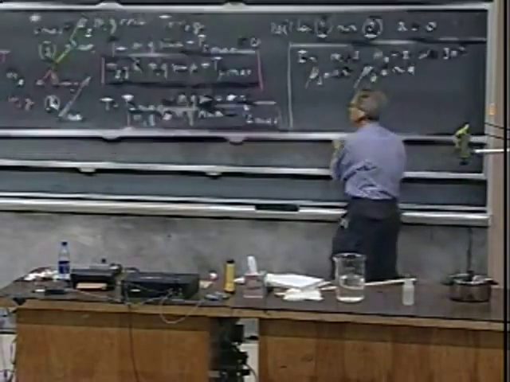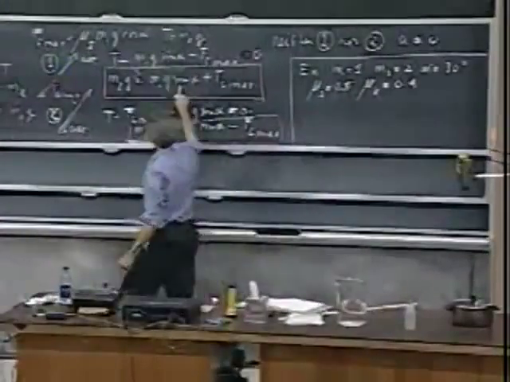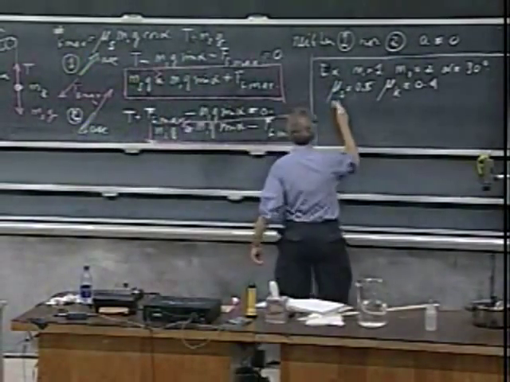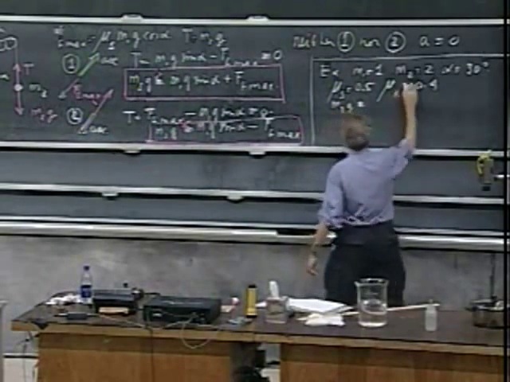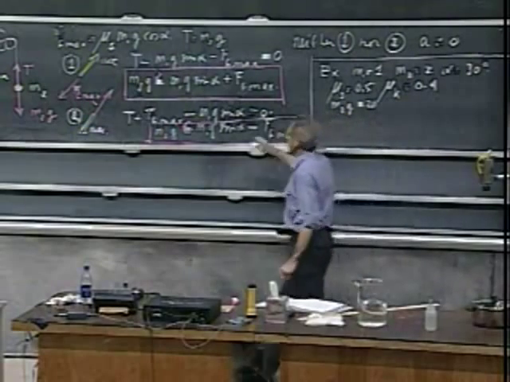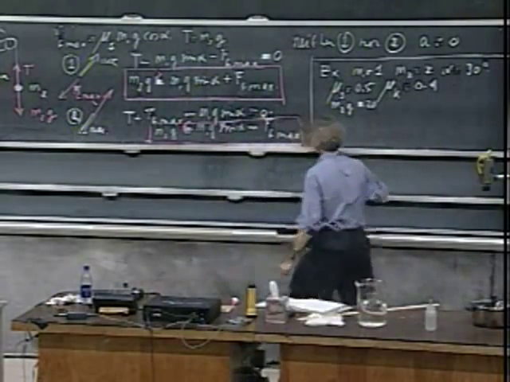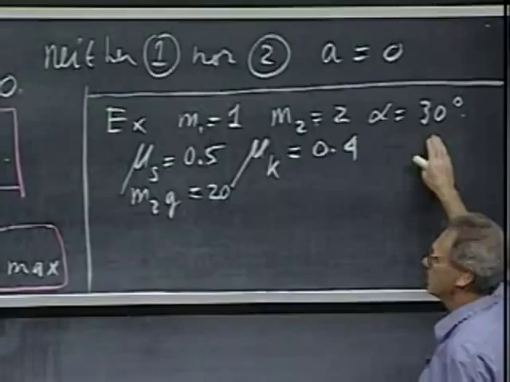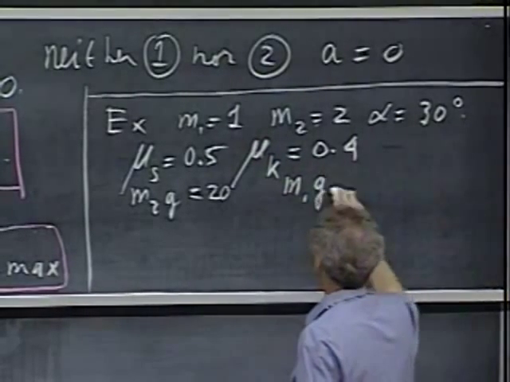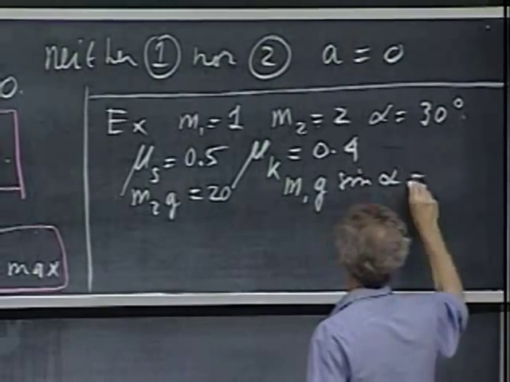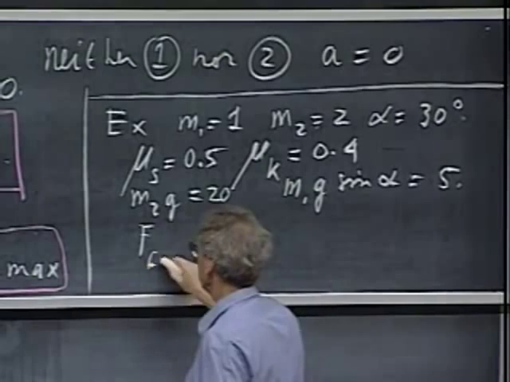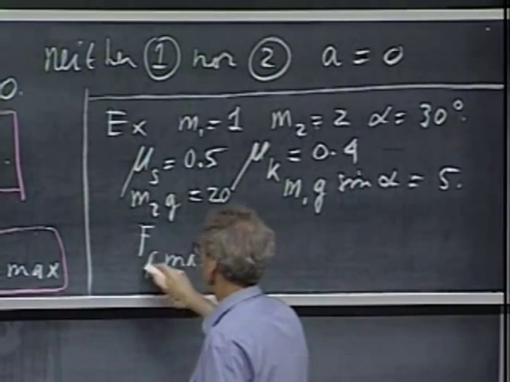What it comes down to is that we have to evaluate these three terms. Let's first take m2g. m2g equals 20. We'll just take for g 10, that is just easier. m1g sine alpha: the sine of alpha is a half, so that is 5. And what is f max?